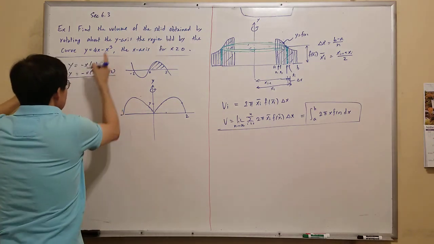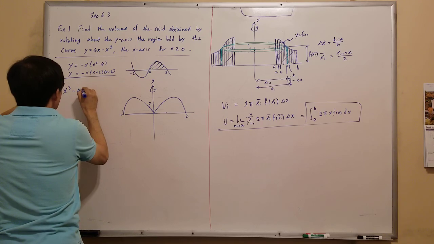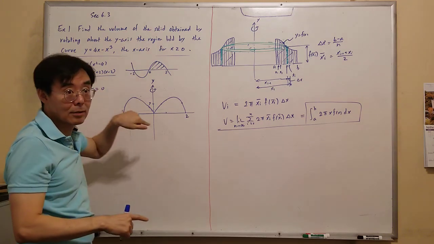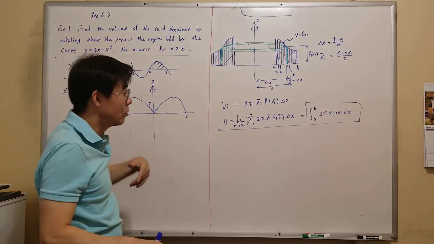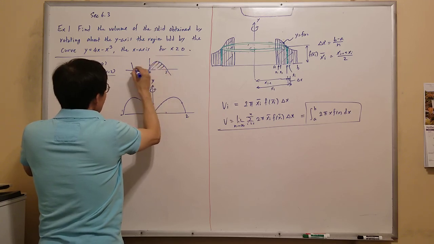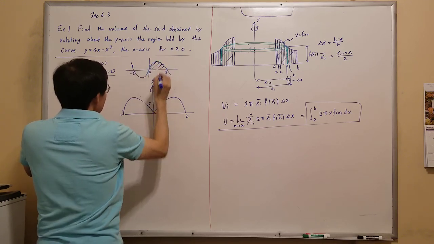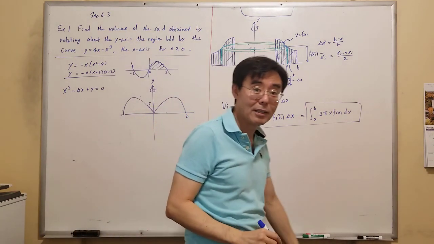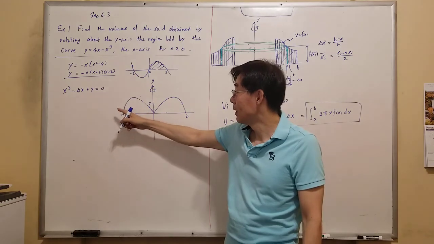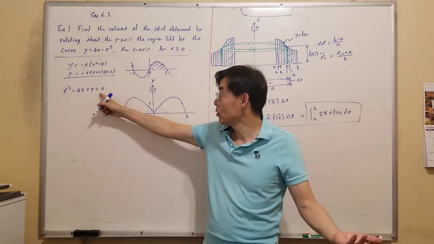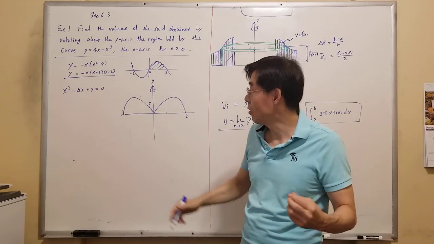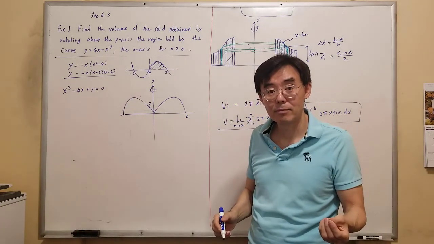You have to solve this equation, 4x minus x cubed equals y, for x. A cubic equation. In this case, if y is between here and here, for given y, you will have 3 x values, right? It's not even a one-to-one function there. We don't know how to solve a cubic equation. It is known, but we usually don't learn how to actually solve a cubic equation by hand, all right?